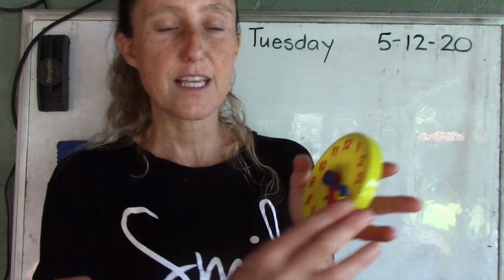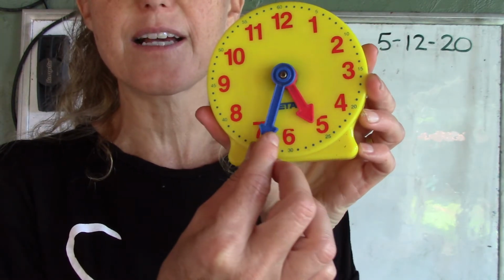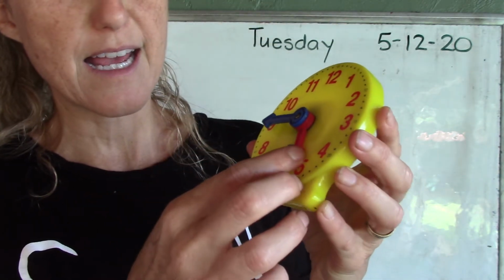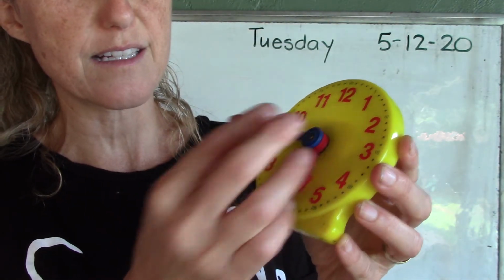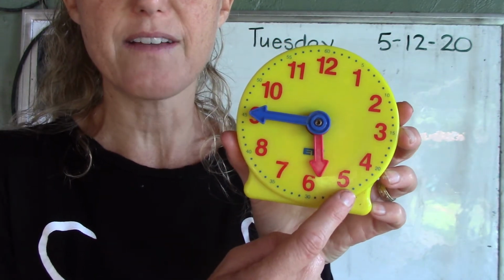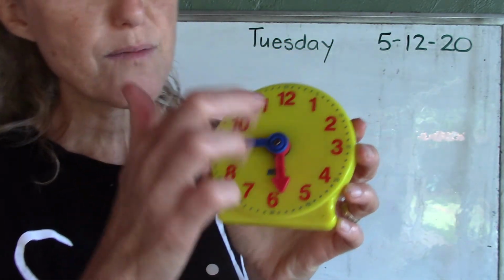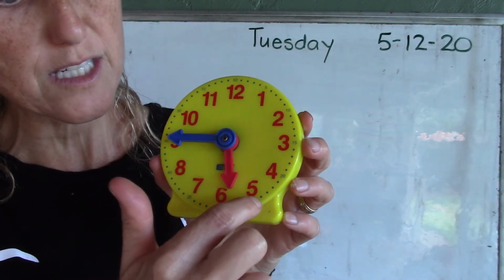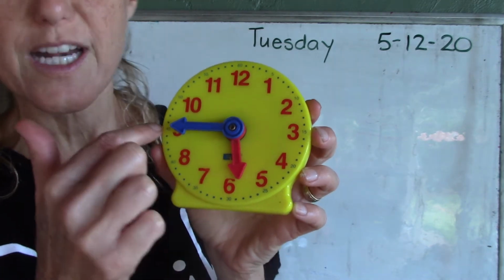And if we keep the clock moving and the minute hand is on the 9 and the hour hand is almost to the 6, it's not yet to the 6, so we go back to the 5. So it's 5 and then we count by 5s starting on the 1. 5, 10, 15, 20, 25, 30, 35, 40, 45.